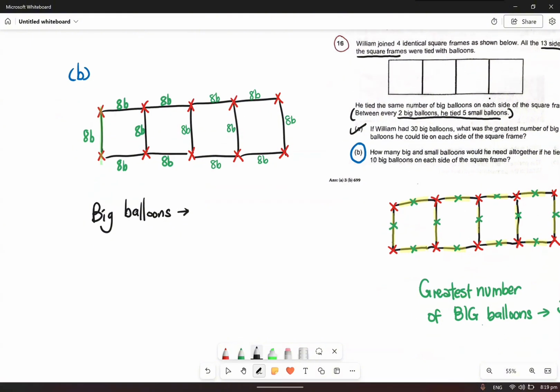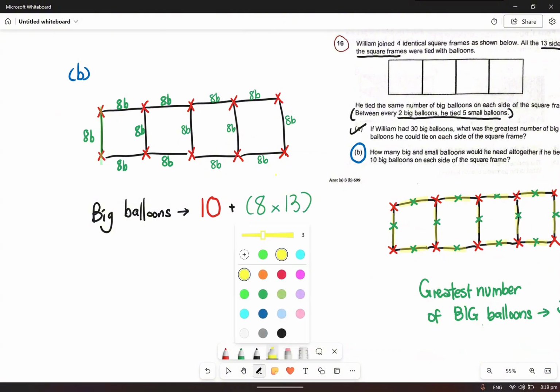So in this situation, the corners will be 1, 2, 3, 4, 5, 6, 7, 8, 9, 10. Okay, 10 in the corner. I use red color so that y'all can see my color code. Plus 8 times 13. Why times 13? Because, as you can see over here, 1, 2, 3, 4, 5, 6, 7, 8, 9, 10, 11, 12, 13.